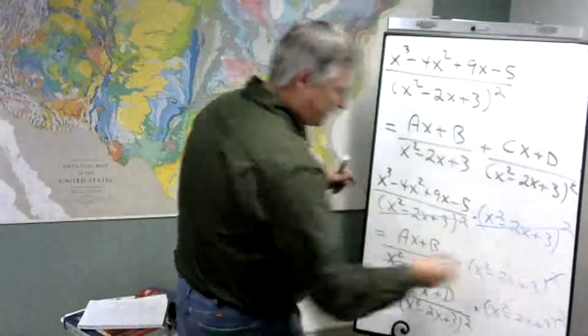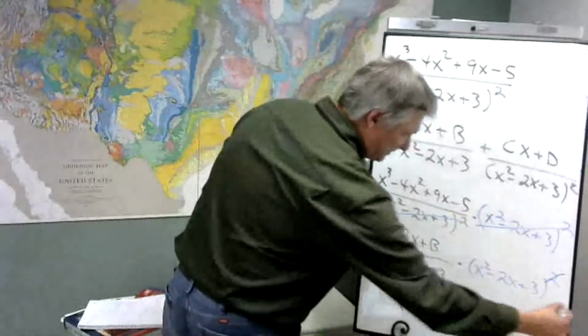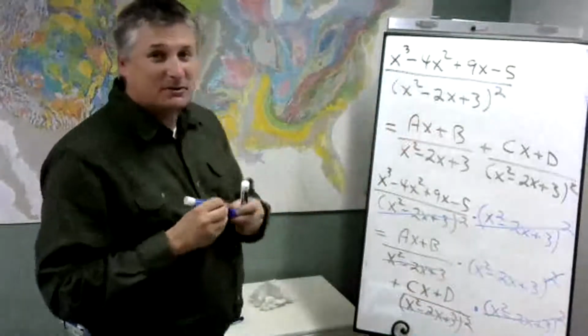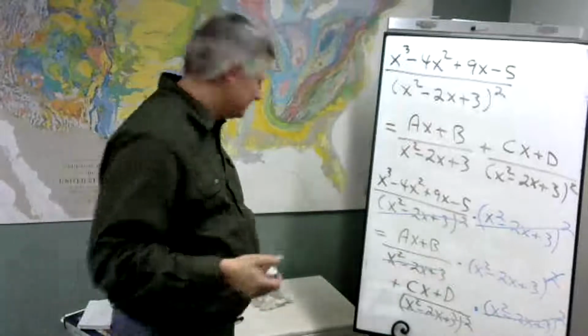This one will lose a square. And then this will cancel and that'll cancel. Similar kinds of cancellations we saw in the most recent example.